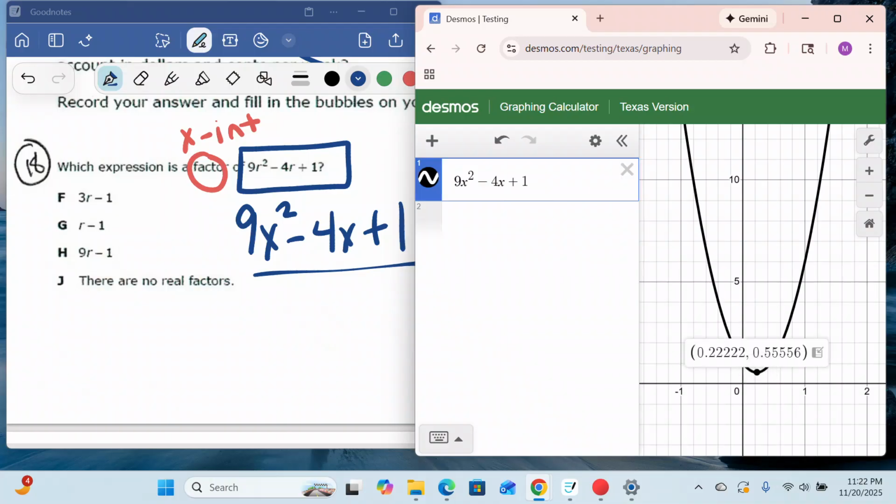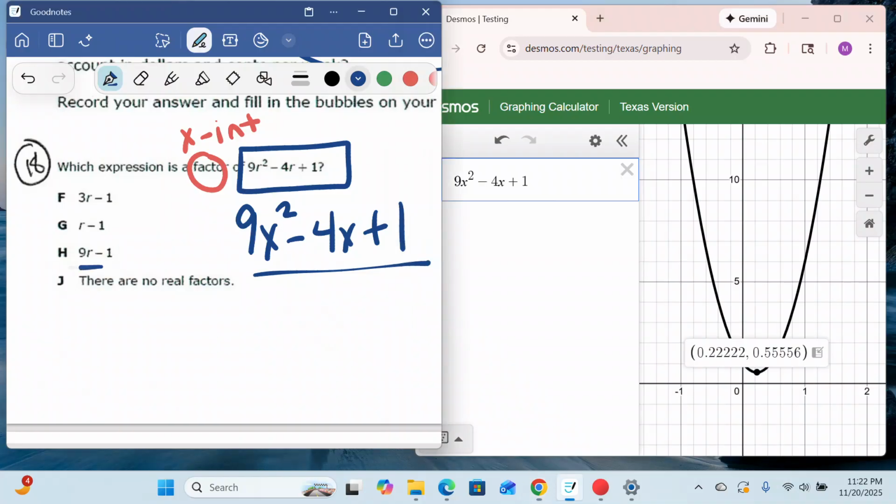Look at that. It's a minimum, it's a vertex, but it doesn't pass through the x-axis. So how can we find a line that passes through the x-axis? Well, we can't. So guess what? This one is letter J, because it has no real factors.